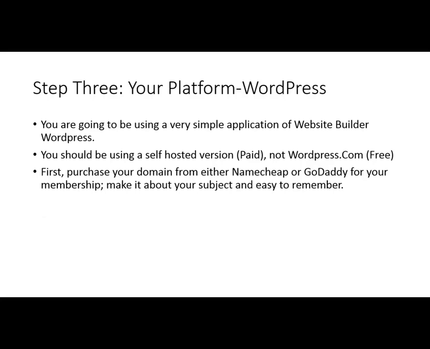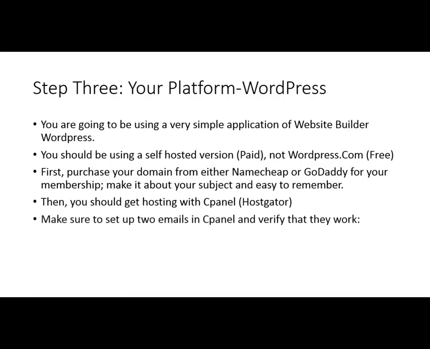So now the next thing that you'll want to do is get hosting with cPanel, right? So you can get hosting with cPanel at HostGator for the most part, and there's no magic to getting the hosting. Like I said, you can get the cheapest hosting they have to get started, and then you can come back and expand if you need to.